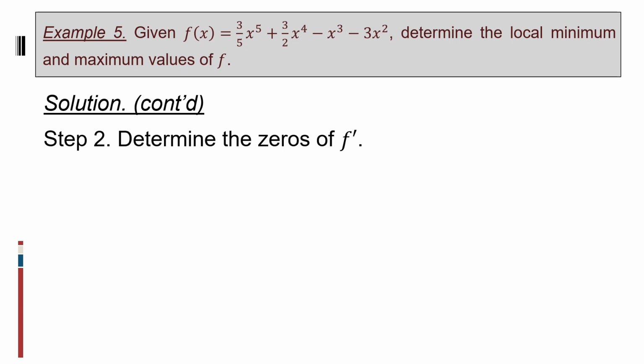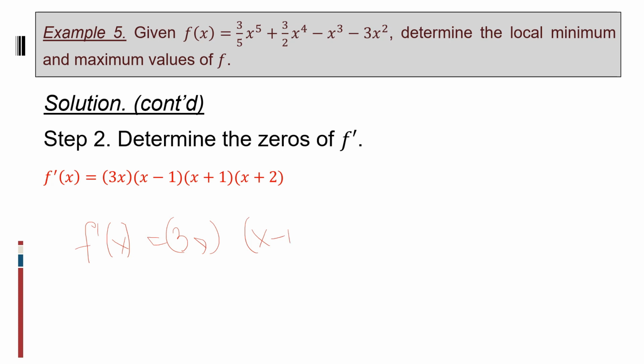Second, let's determine the zeros of the first derivative. So by equating it to 0, so we have f prime of x, so that is 3x times x minus 1 times x plus 1 times x plus 2 is equal to 0. And how do we find out the zeros? We equate everything to 0.